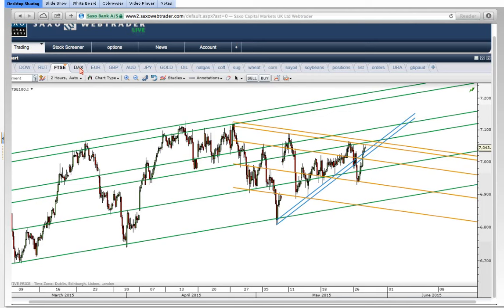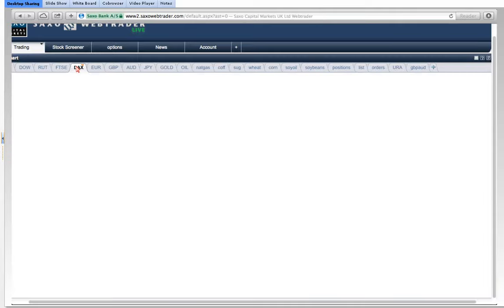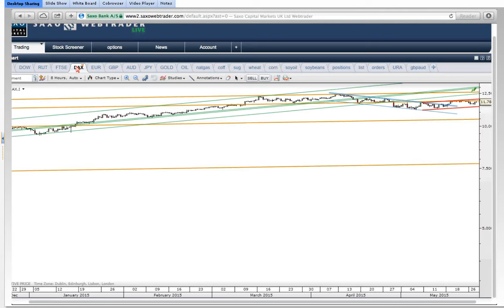On DAX, let me see. So what's happening on DAX is something like this. Again, this is a log scale chart.